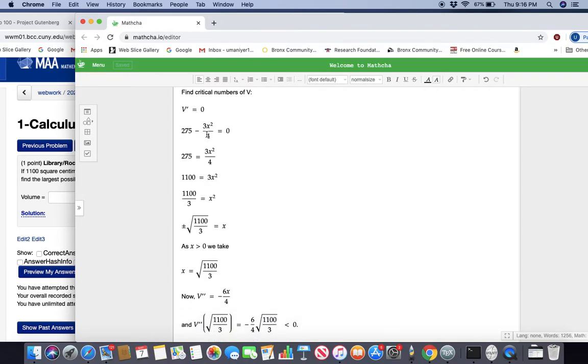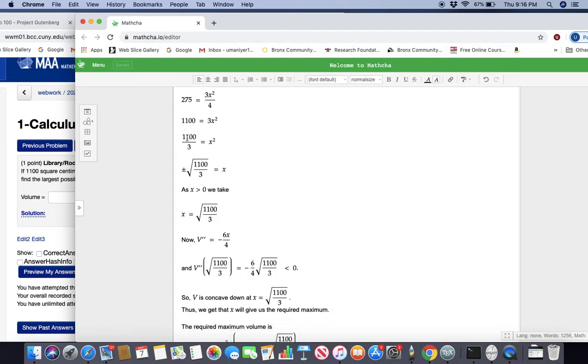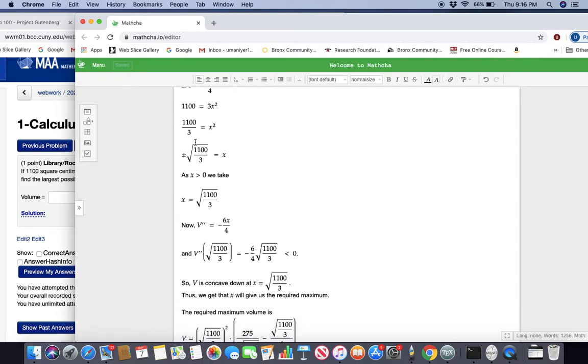That tells me to move this quantity to the other side. Multiply by 4, that's cross multiplication. 1100 is 3x squared. Divide by 3, x squared is 1100 by 3. x is therefore plus or minus the square root. But x is a side length, it cannot be negative. So x has to be positive, we take the positive root.